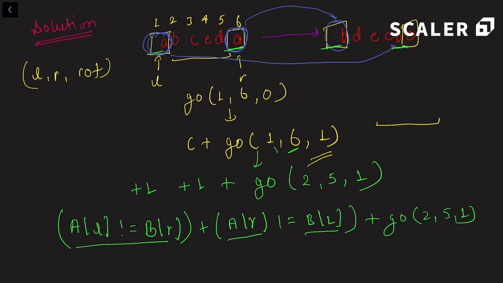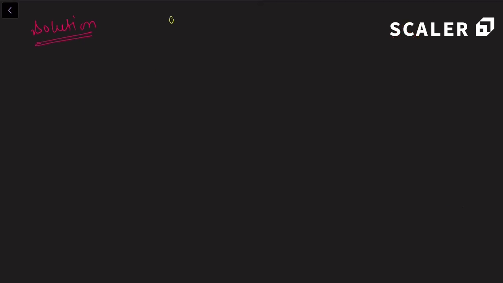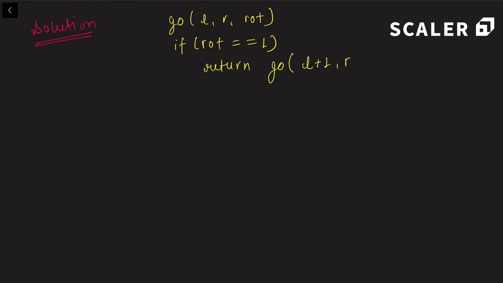Now that we have covered all the cases, let's try to generalize it. Now let's say our recursion looks like this: go from L to R, and this is root. Then we have two cases here. If ROT is equal to 1, then we can perform only one transition, and that is we can return go from L plus 1 to R minus 1 with rotation intact, plus we'll compare the first character of our current string with the last character of the string that we need to convert it into.